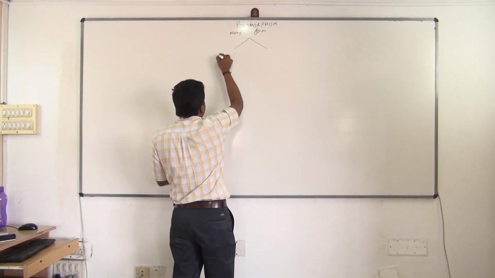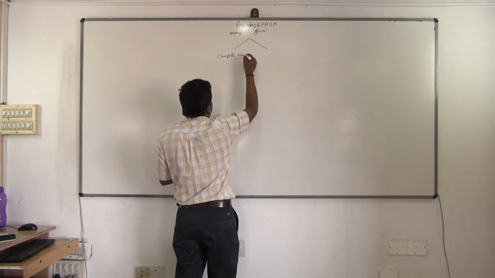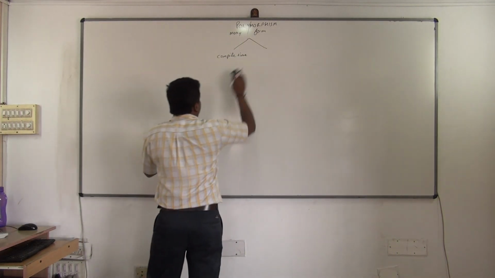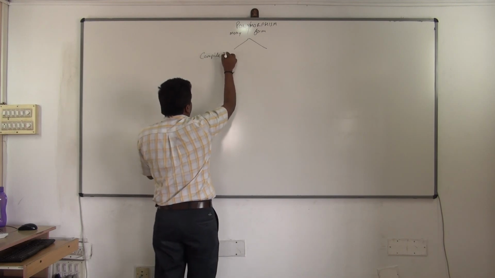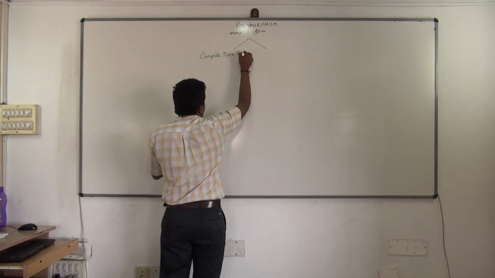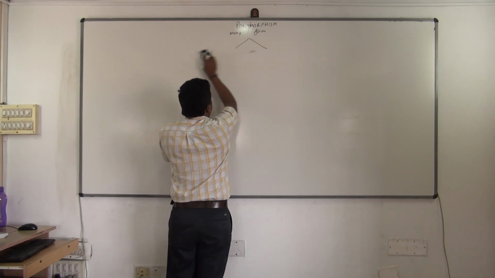So again, in this there are 2 types of polymorphism. Compile time polymorphism, runtime polymorphism.